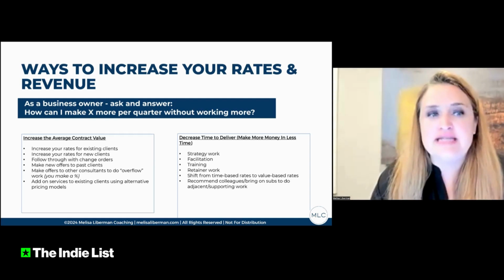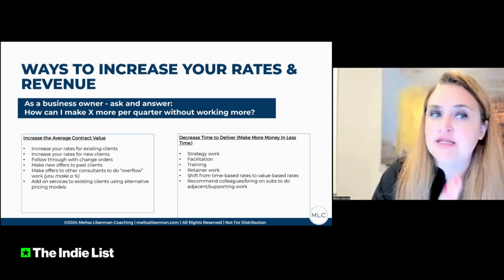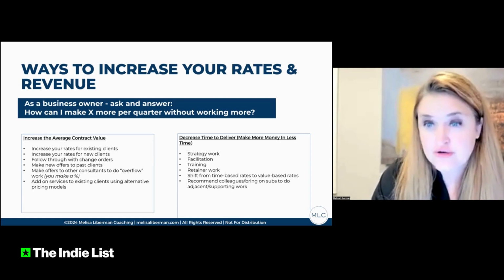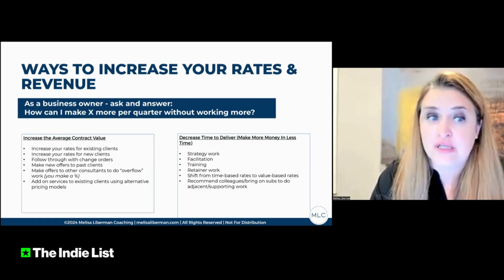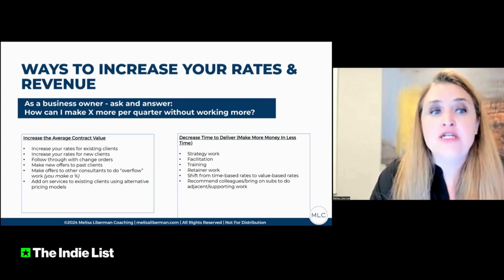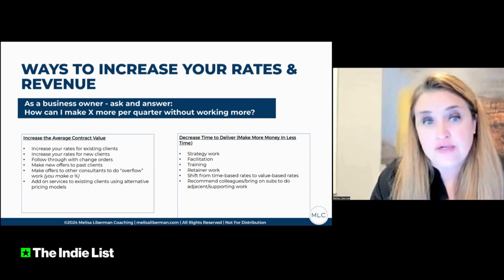So I'll give you some examples here, really falling into two buckets. The first is increasing the average contract value. How do you increase the average contract value of those clients that you are landing? Of course, you could increase your daily rates, for example, for existing clients.